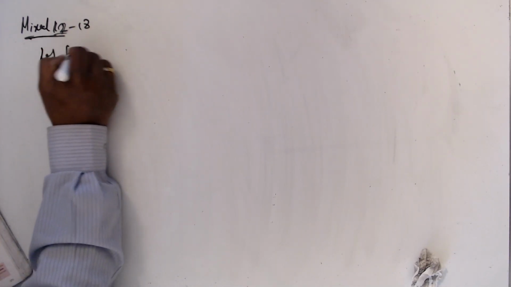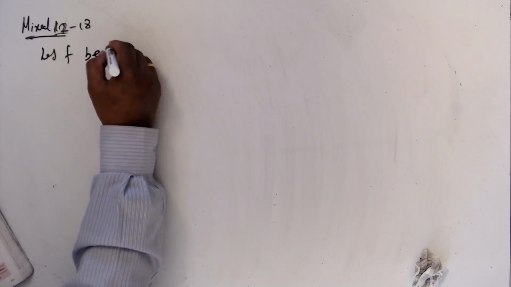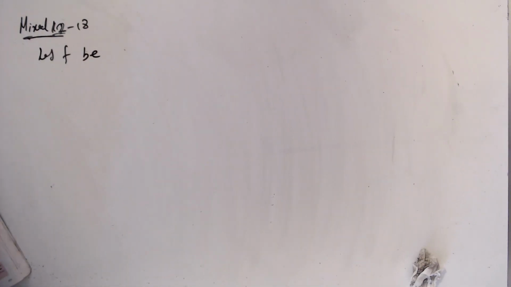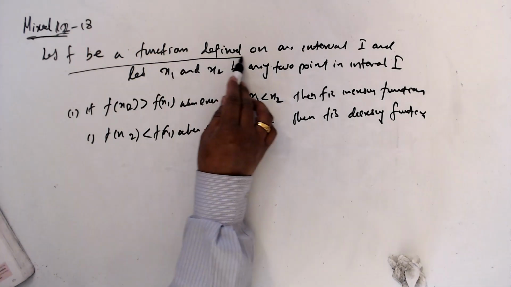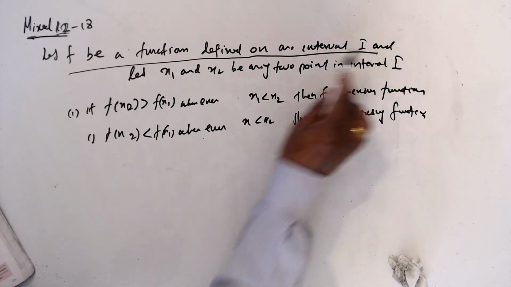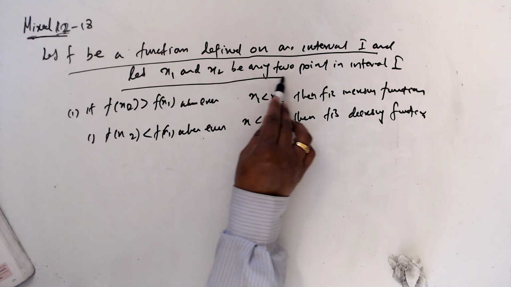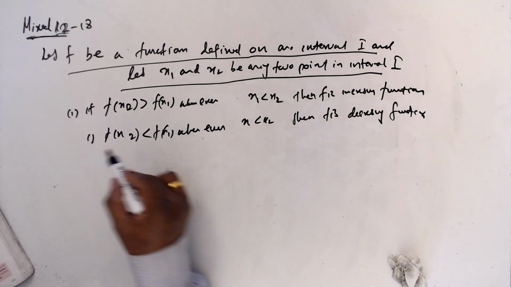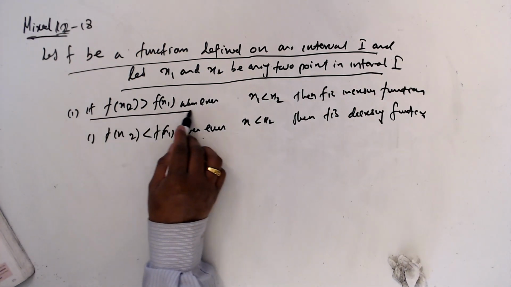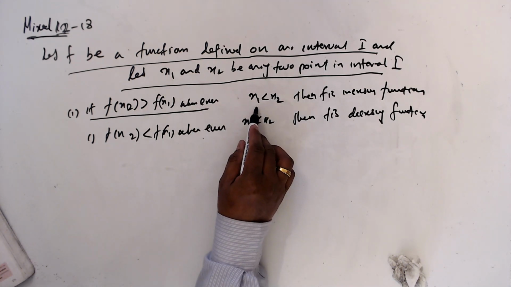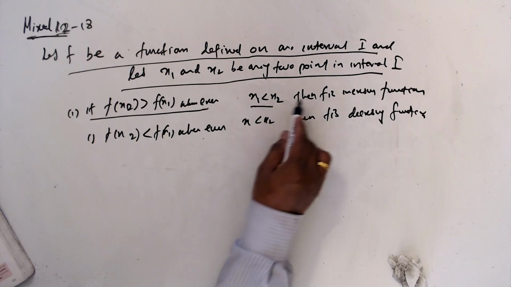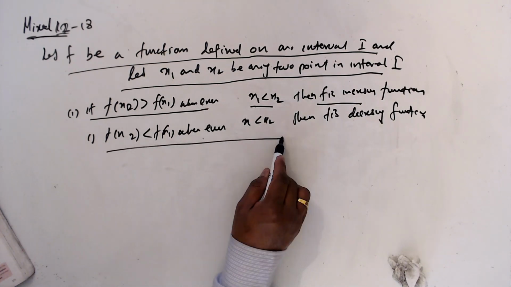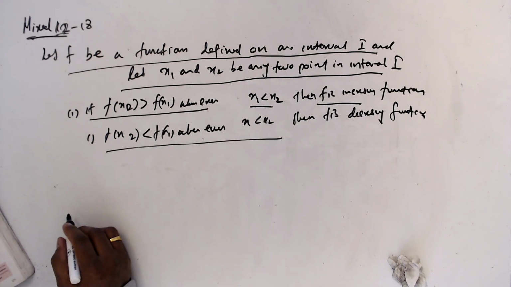So let f be a function. Okay, I'll write it. Here it says: let f be a function defined on the interval I, and let x1 and x2 be any 2 points on I. Then if f(x2) > f(x1) whenever x2 > x1, then the function is increasing, otherwise decreasing.